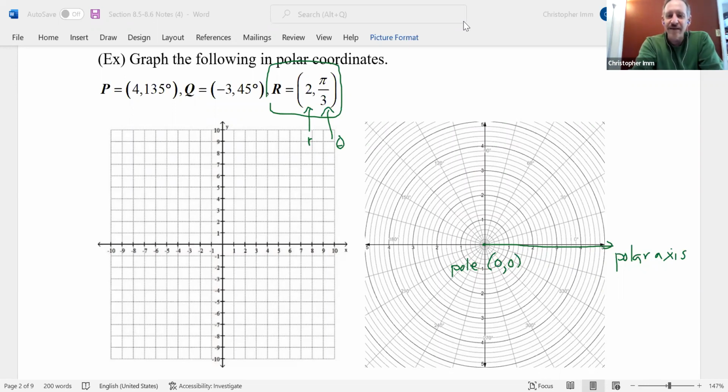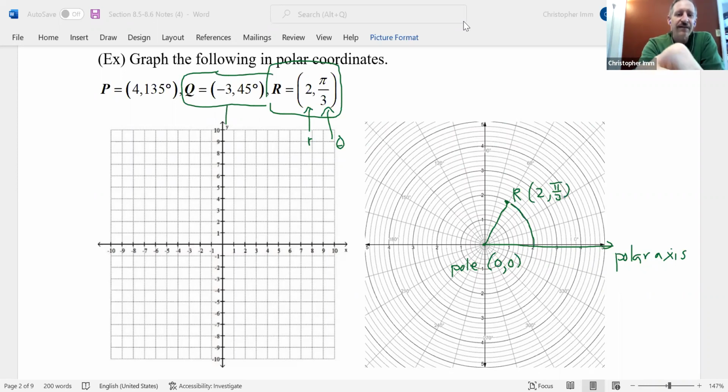So I'd be on that concentric circle, and I would sweep pi over 3 or 60 degrees, and that would be my point r, which is at 2, pi over 3. So that's how we could plot things in polar coordinates.